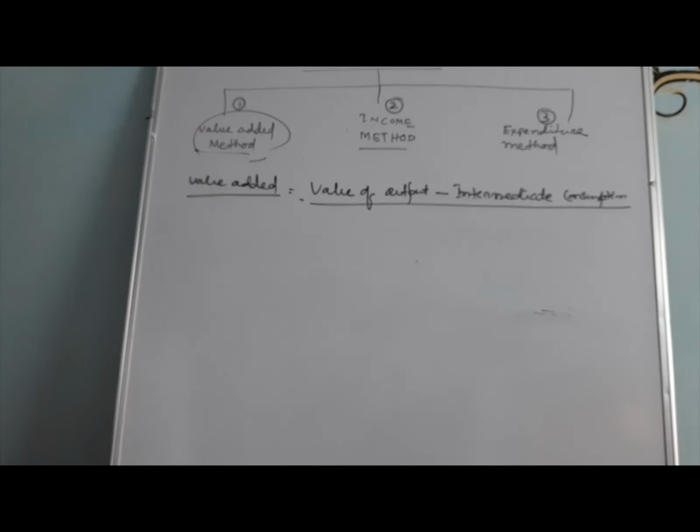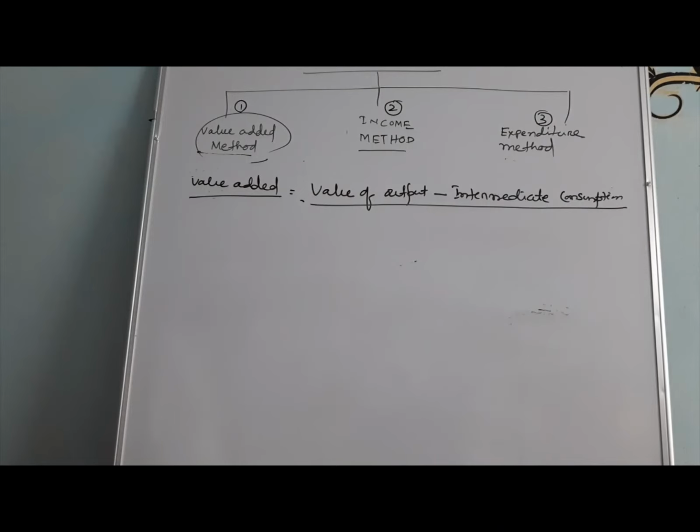This is called the value added: value of output minus value of intermediate consumption.